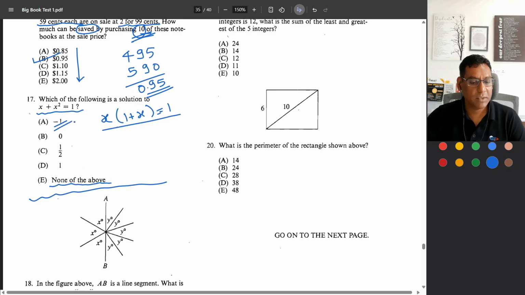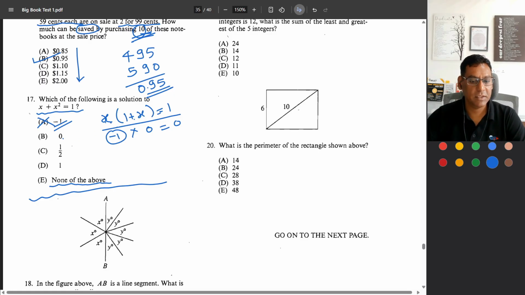Let's pick the numbers. Is minus 1 a solution here? I have already simplified, so let's see, minus 1 times 0. 1 plus x is 0, so that's going to be 0, not 1, so this is not the solution. Now I'm looking at 0.